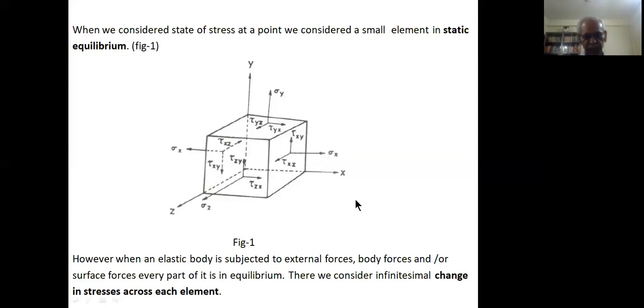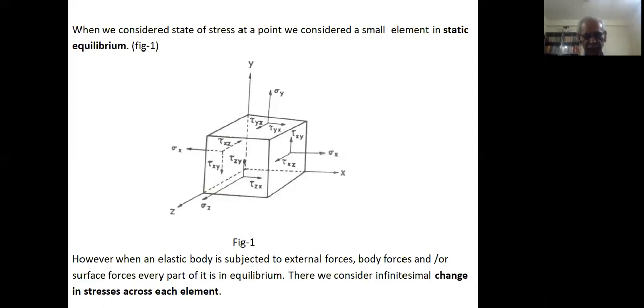Here, before we start looking at the equations of equilibrium, I would like to mention one thing: the body forces. Body forces are nothing but the field forces, such as the gravitational forces, magnetic forces, and electrostatic forces, and surface forces too.